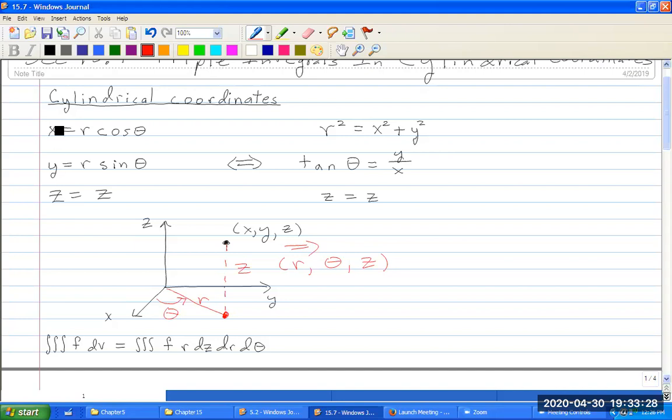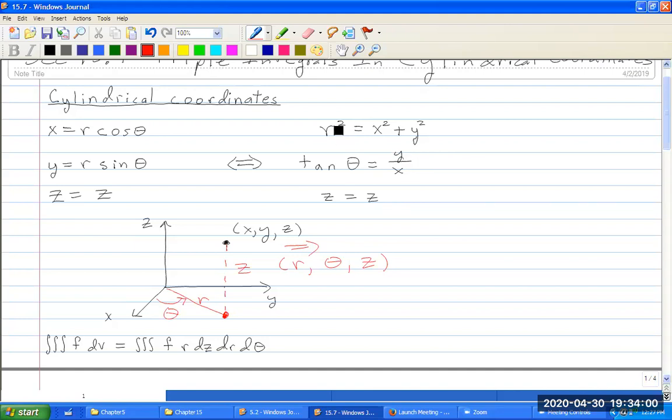And if I square these, I get x squared plus y squared is r squared cosine squared plus r squared sine squared. Factor out the r squared, you get cosine squared plus sine squared, which is 1. So x squared plus y squared equals r squared. So this relates x, y, and z to r, theta, and z. And z is just z.